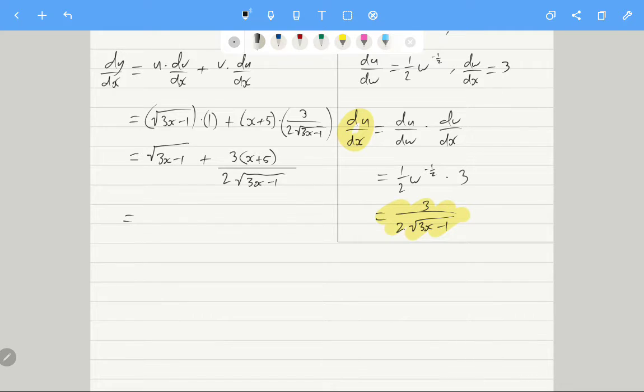So I'm going to multiply top and bottom of the left fraction, which is not quite a fraction yet, by 2 root 3x minus 1. And in this way, I'm not actually changing it. And the left-hand side, I might as well just expand out these brackets. So I'm going to get 3x plus 15, and the denominator is going to stay the same.